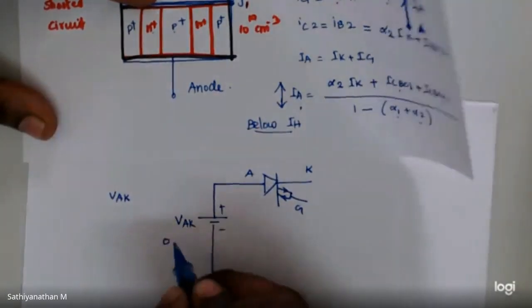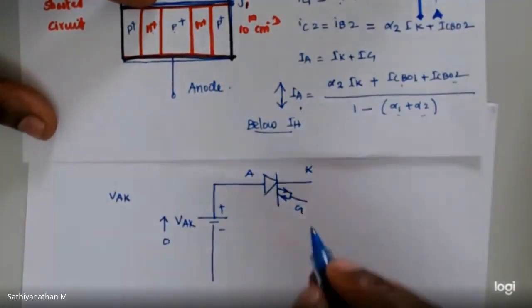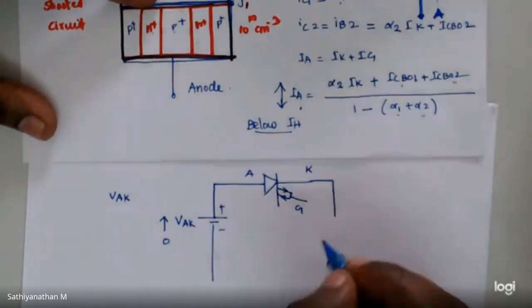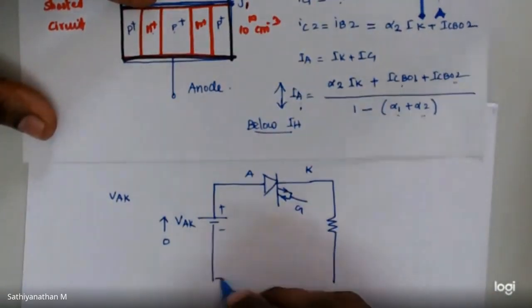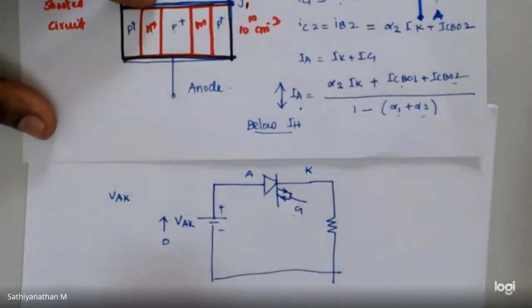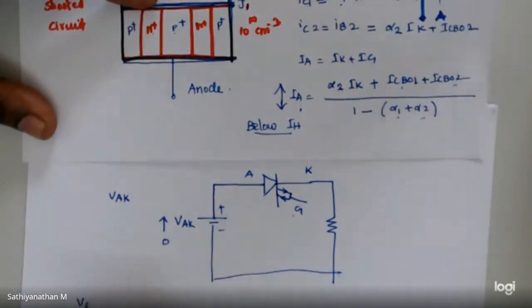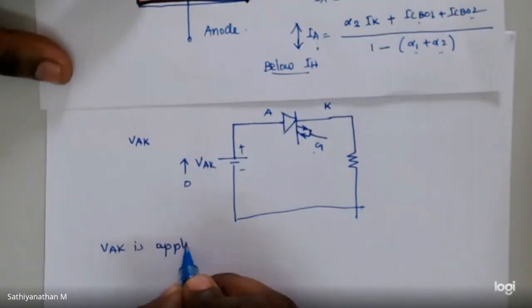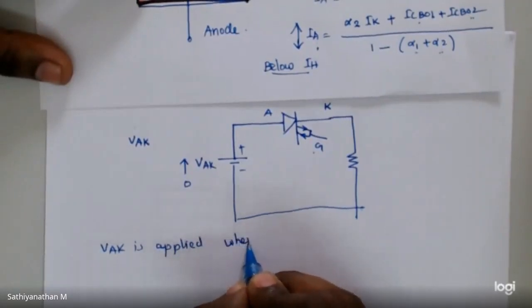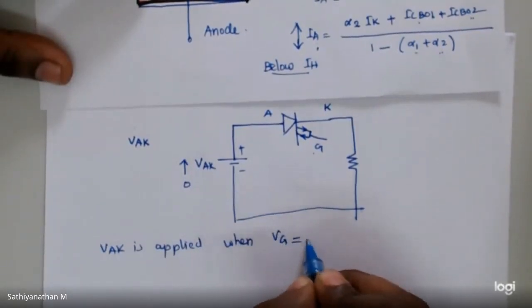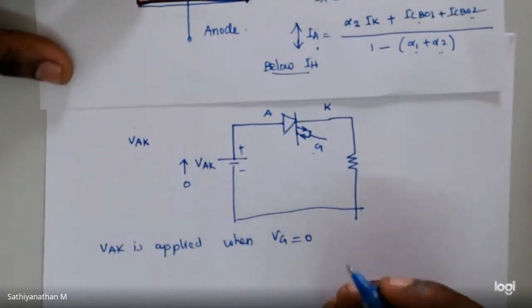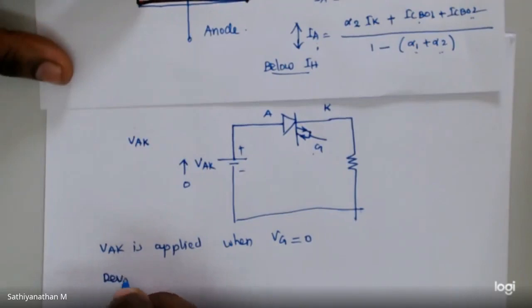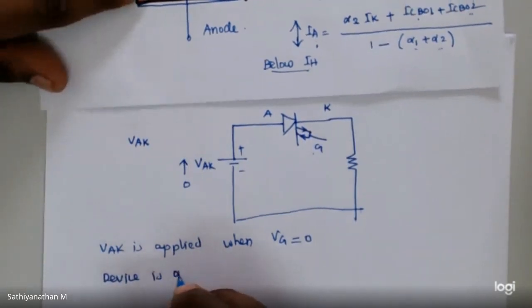So if you increase it from 0 to maximum, when VG is equal to 0, so VAK is applied when VG is equal to 0, the device is in off state.